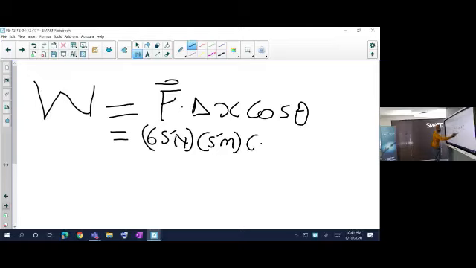And then we have cos 40. Obviously, we know that this is going to give us a positive work because the angle is less than 90.